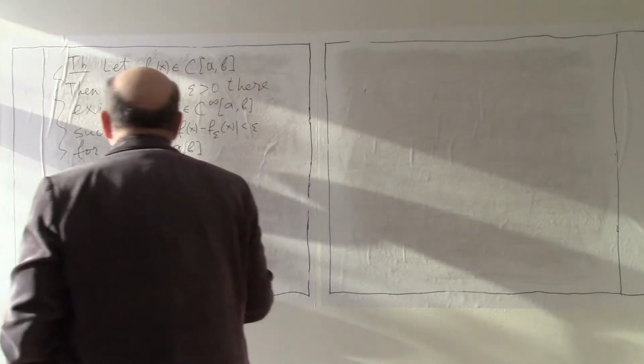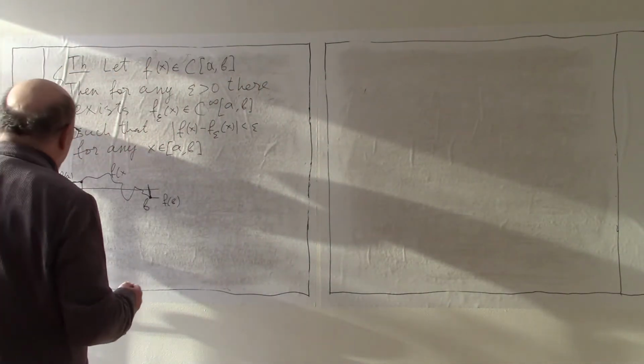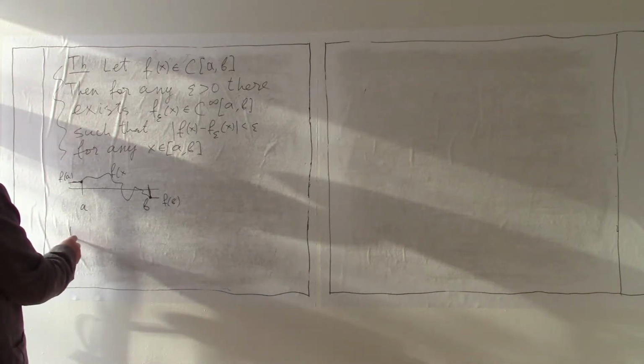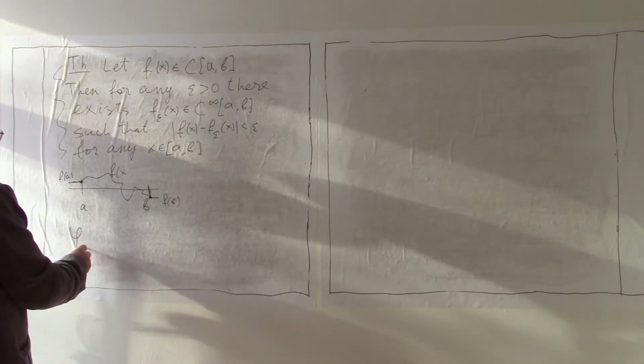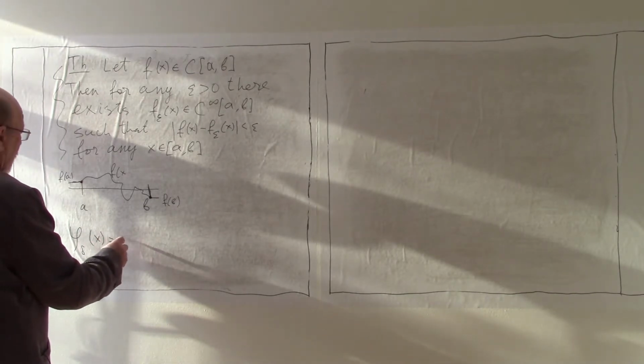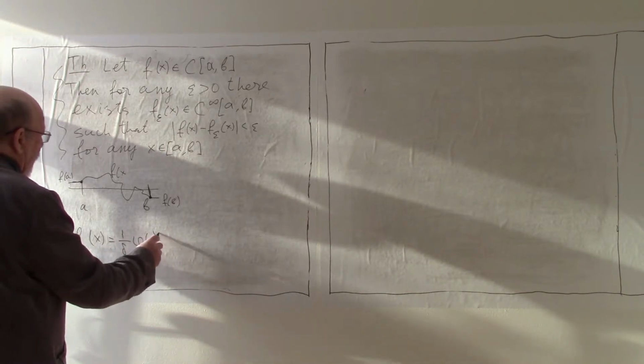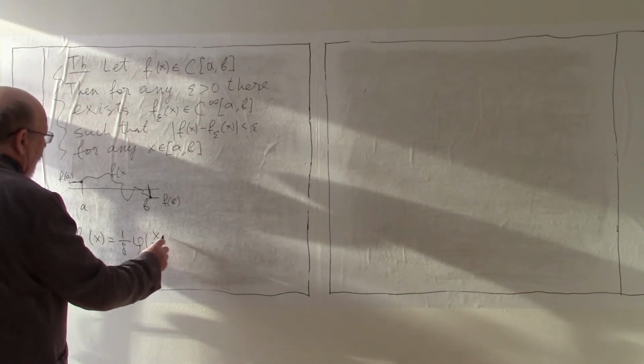Now I define the following functions. I define the function phi delta of x equals 1 over delta phi of x divided by delta.